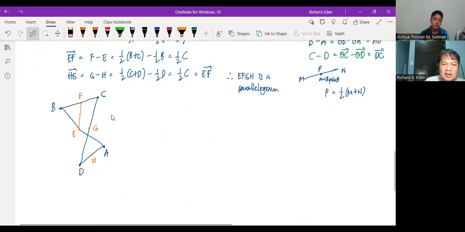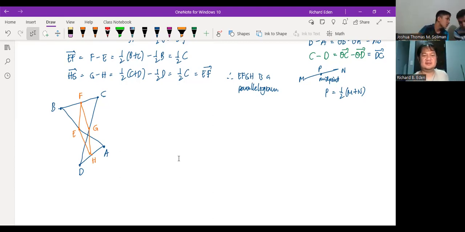E, F, G, H. If it looks a little bit distorted, well, that's on me. Okay, but that's still supposed to be a parallelogram.